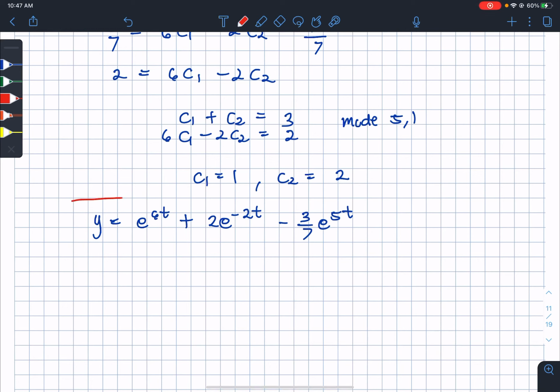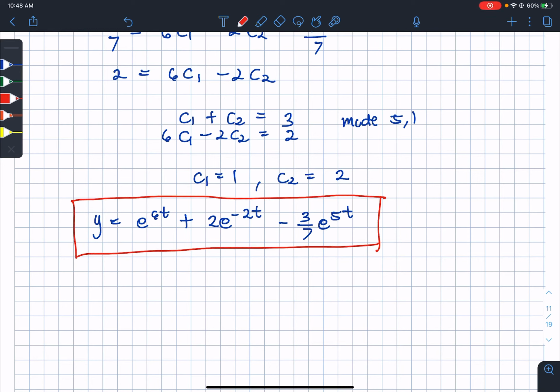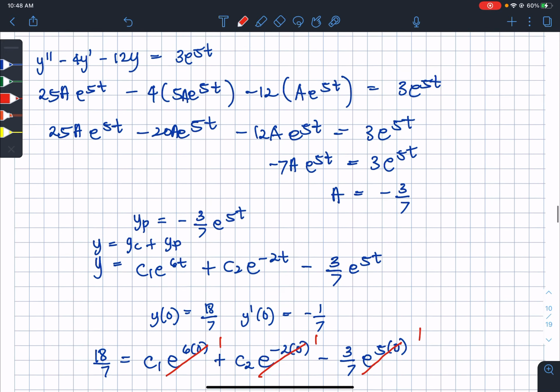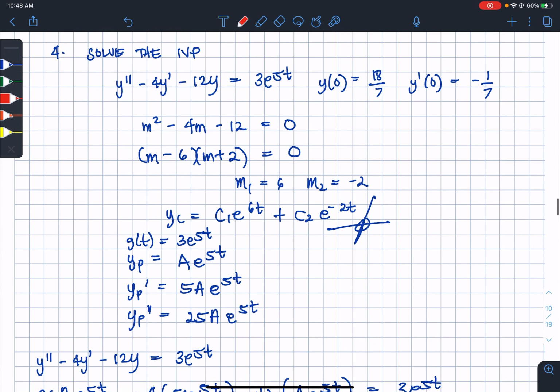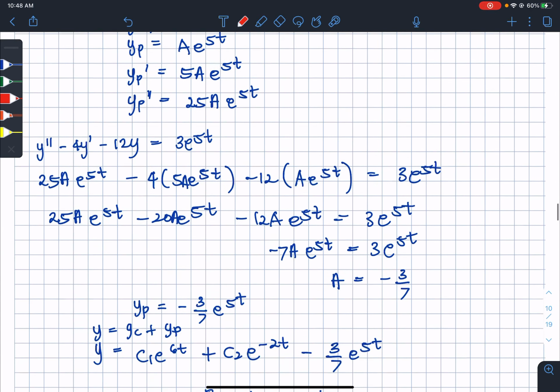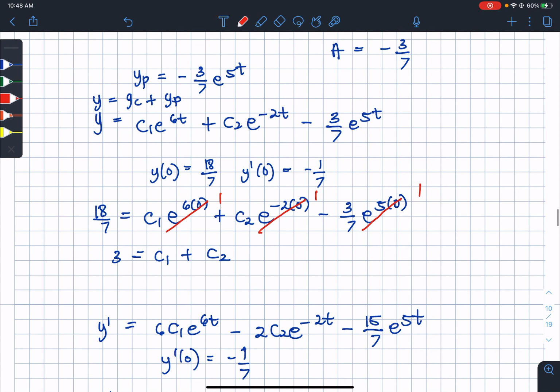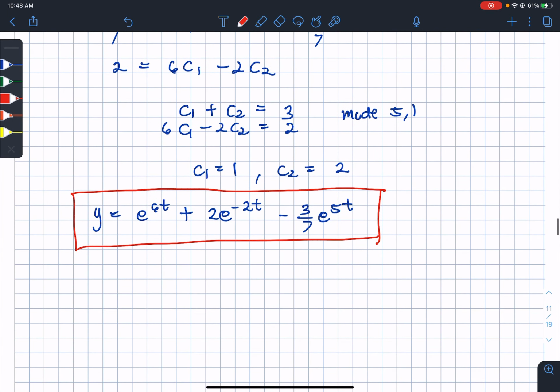I'm checking my notes. So that is on how to find a particular solution, or solve an IVP problem. We need to substitute and then derive our general solution so as to find the second arbitrary constant.